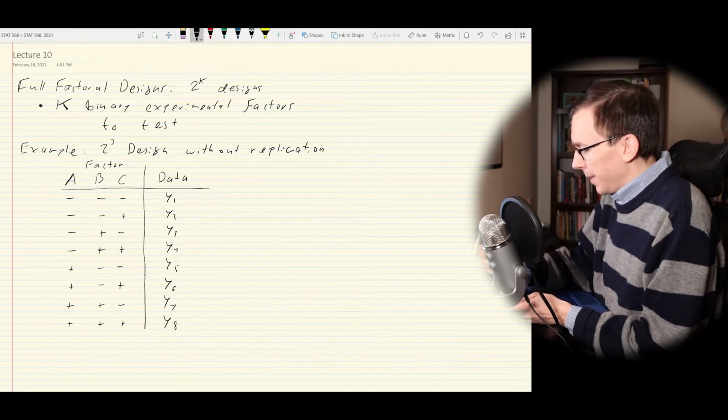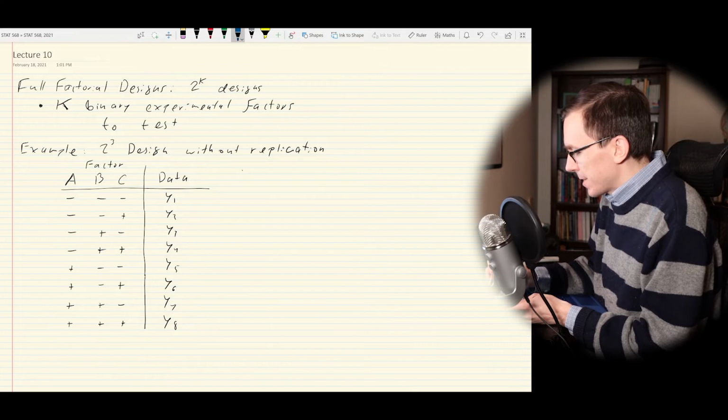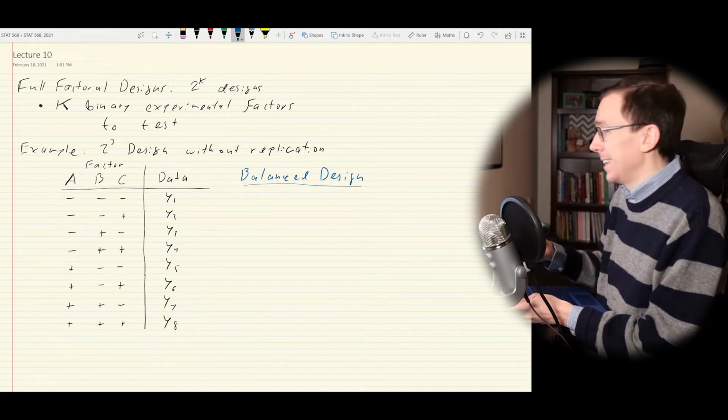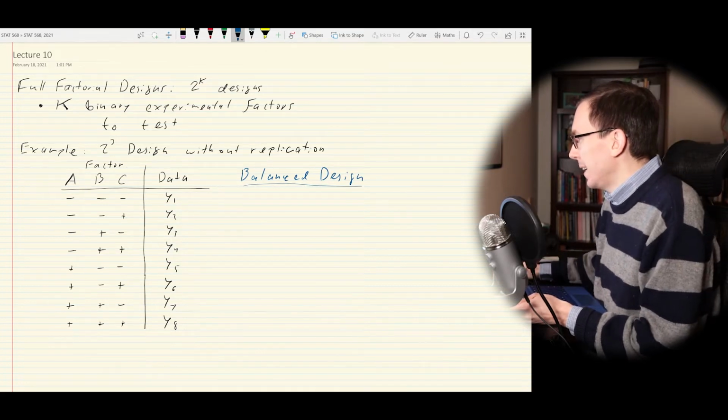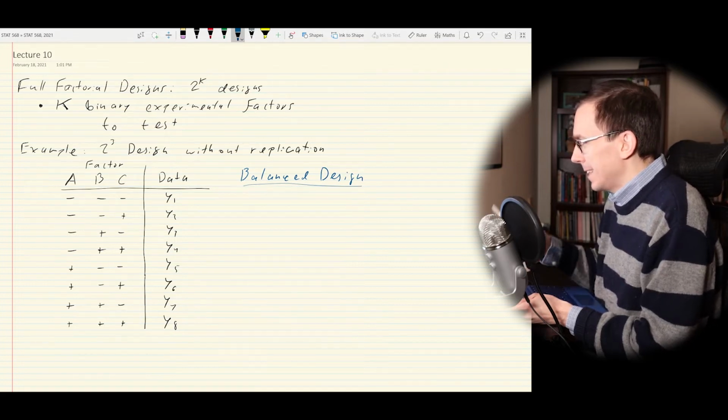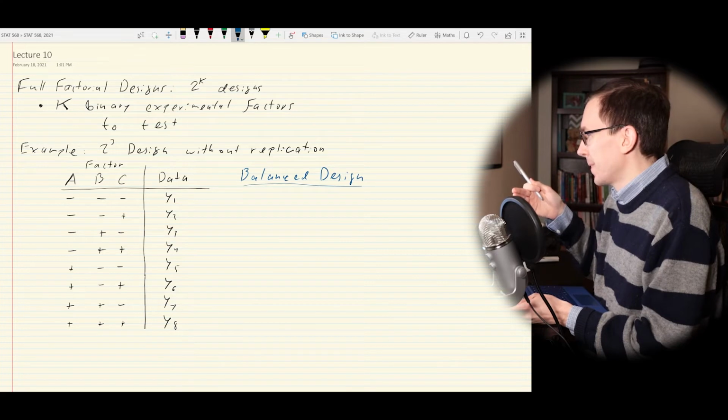We have a couple things that we have to recall, definitions, like the idea of a balanced design. This is something we talked about before with the incomplete balanced block design. Roughly, it just means that each factor level occurs in the same number of treatments.